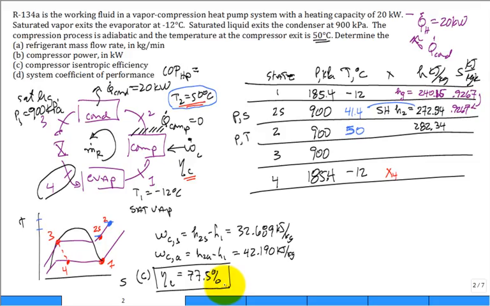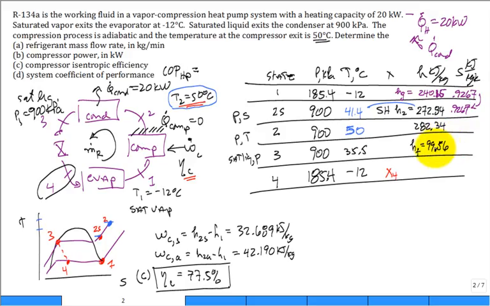All right, let's go to state 3 now. State 3 is saturated liquid at that pressure. And so what about the temperature at 3? T_sat at that pressure will be like 35.5 degrees C. And what is the enthalpy? h_f, saturated liquid, which is 99.56.